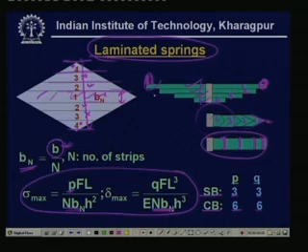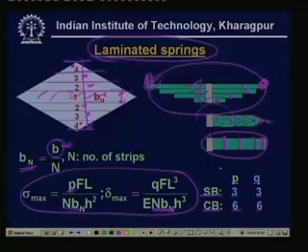This type of spring you will also see below the railway wagons which carry the loads; these leaf springs are sometimes put in the wagon. However, nowadays more and more automobiles and others are going for helical springs, because these leaf springs are normally not very well suited for fatigue considerations.